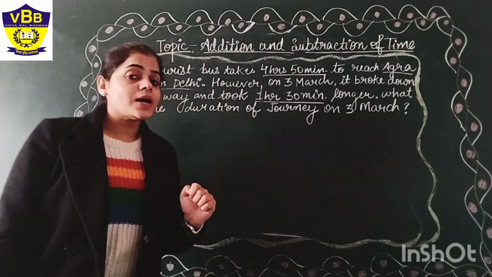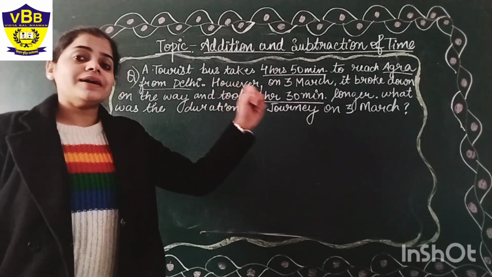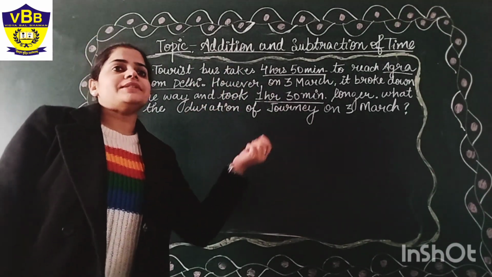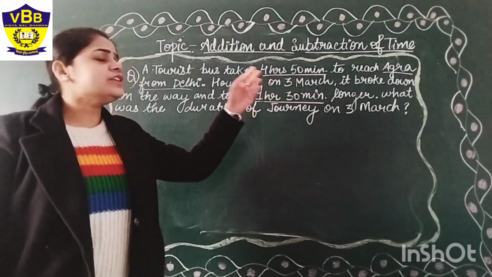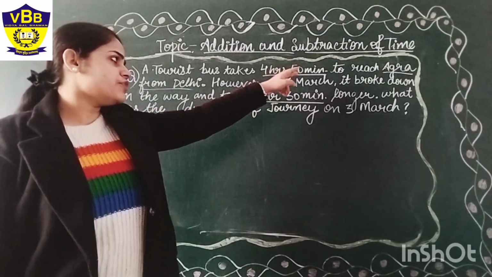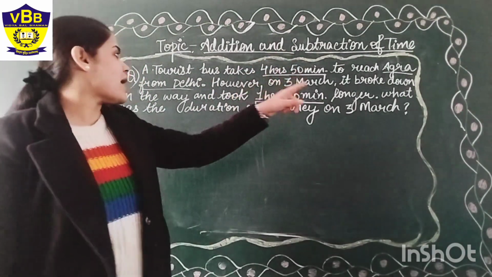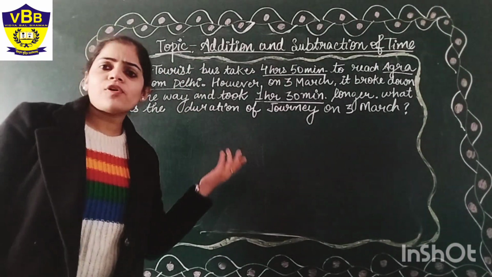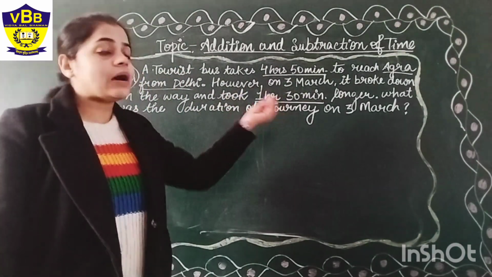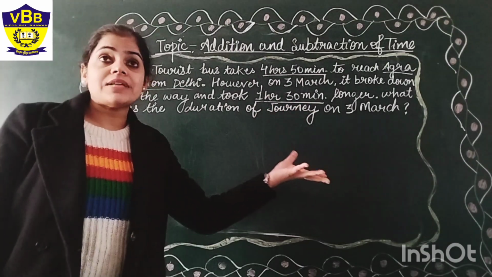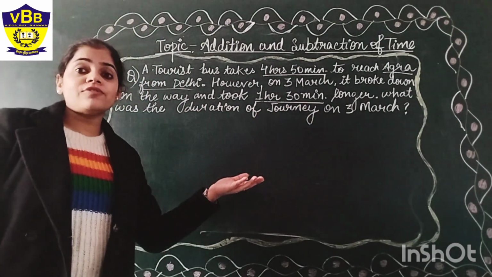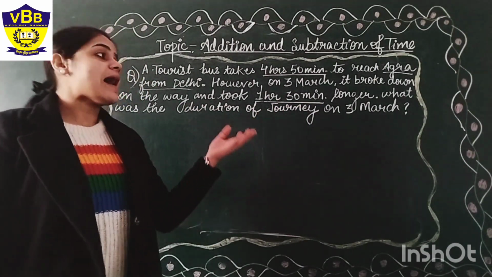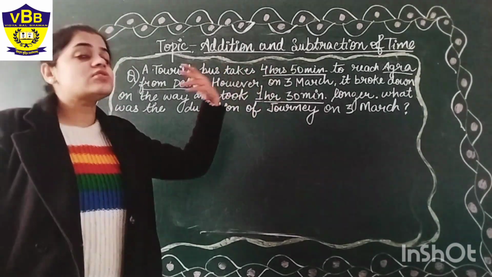What they are saying to us is, suppose a bus is traveling on some highway and it usually takes 4 hours and 50 minutes to cover the distance from Agra to Delhi. But unfortunately on that day the bus broke down. So it took much longer for the repairing work, and the time becomes longer.